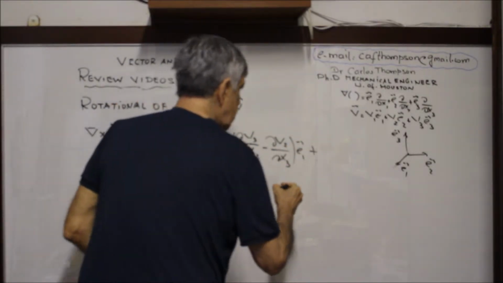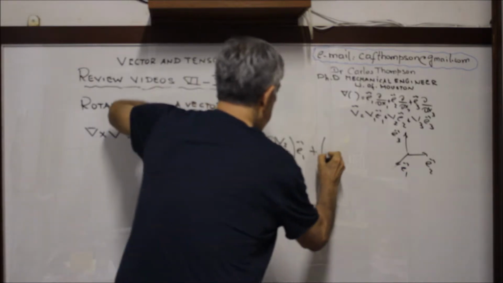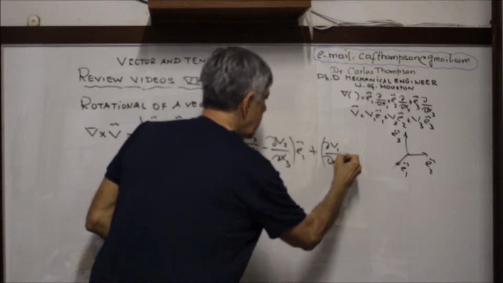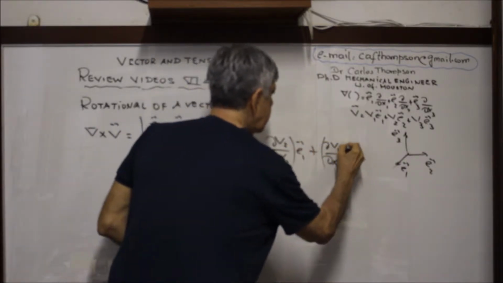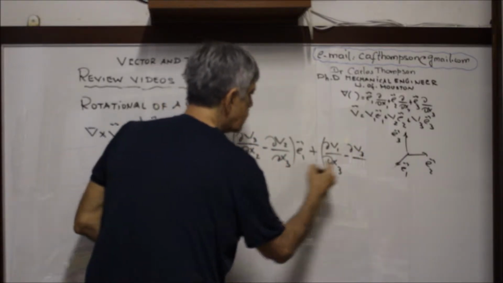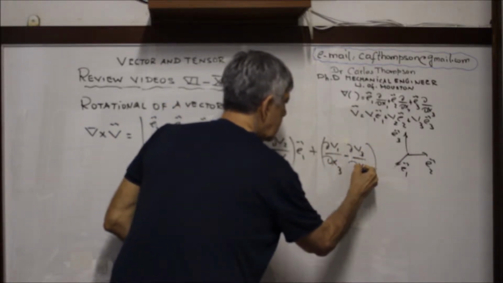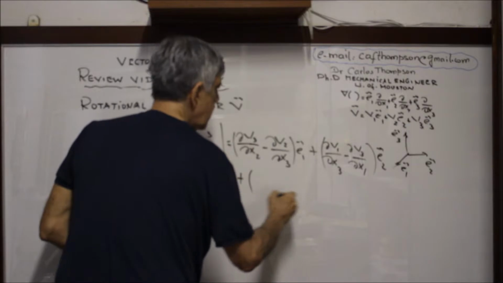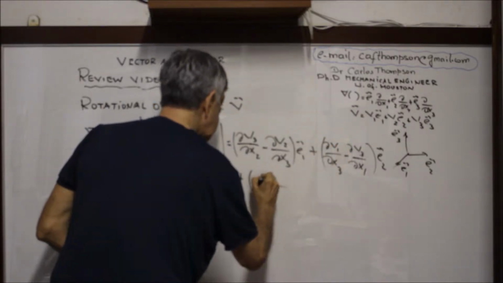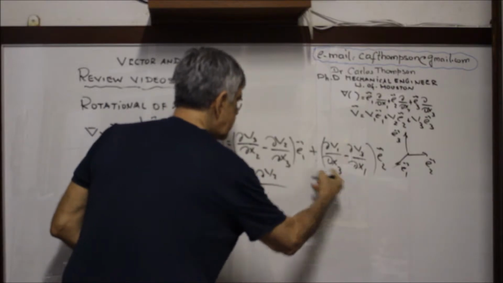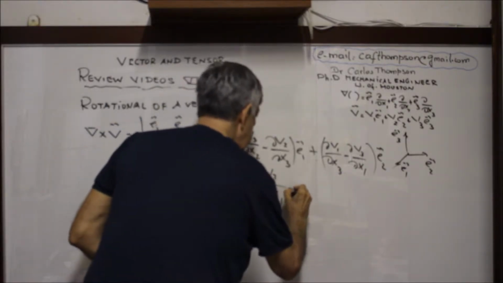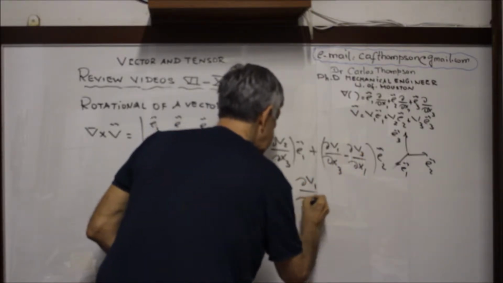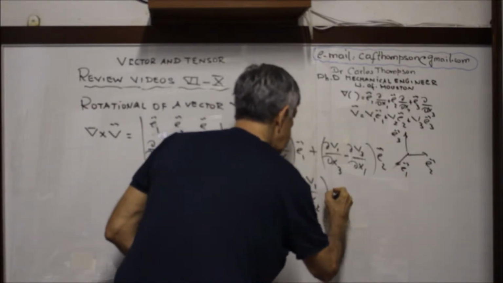So I will just put over here, now partial of V1 with respect to x3 minus partial of V3 with respect to x1. Now, after E1 comes E2, plus, now after 1 comes V2, x3, x1, minus, now after V3 is V1, and this x2, after E2 comes E3.